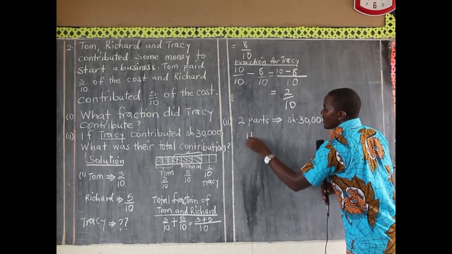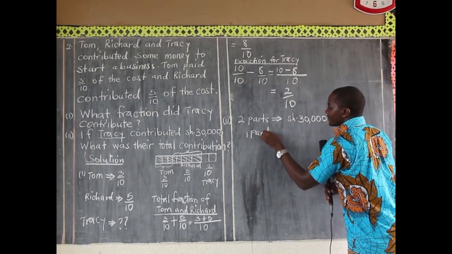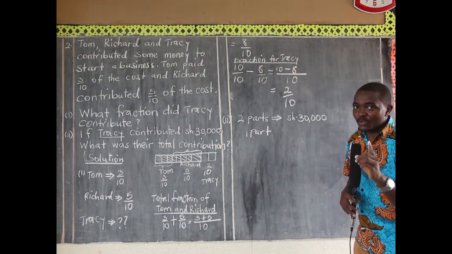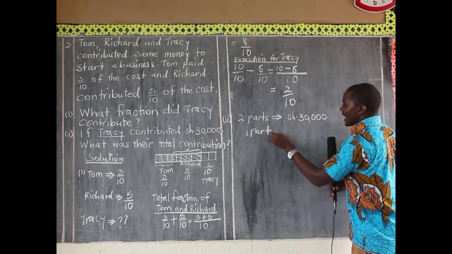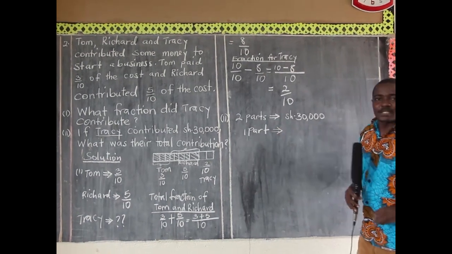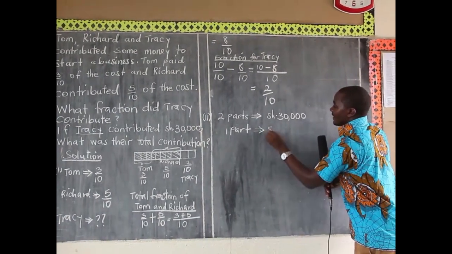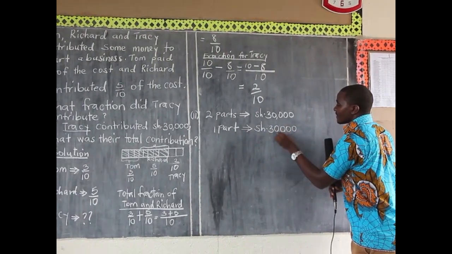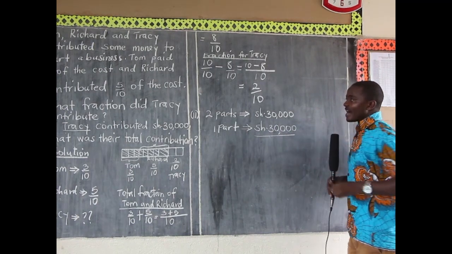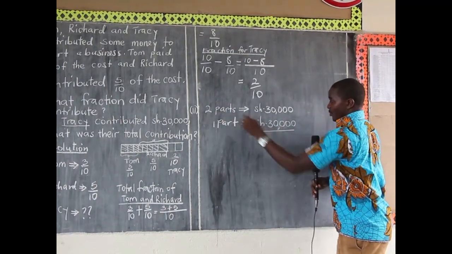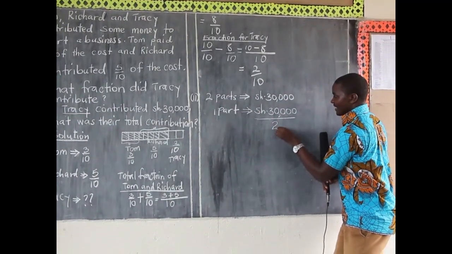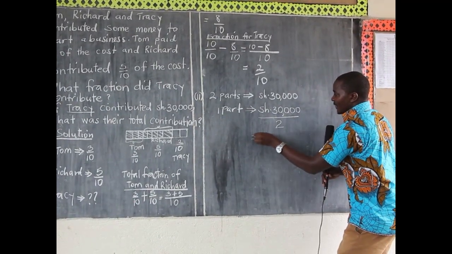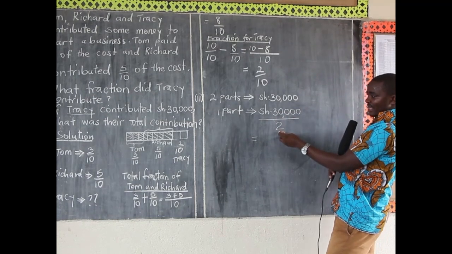What about 1 part? 1 part represents 30,000 shillings divided by the 2 parts, divided by 2. There is simple mathematics here. How can we divide 30,000 by 2?